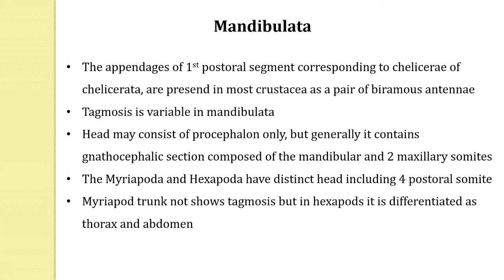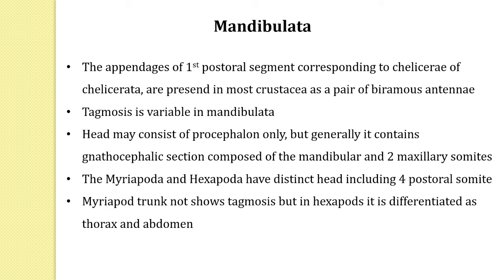The appendages of the first post-oral segment, corresponding to the chelicerae of the Chelicerata, are present in most of the crustacea as a pair of biramous antennae. Then tagmosis is variable among the mandibulata. For example, in the case of the insecta, the tagmosis is head, thorax, and abdomen.